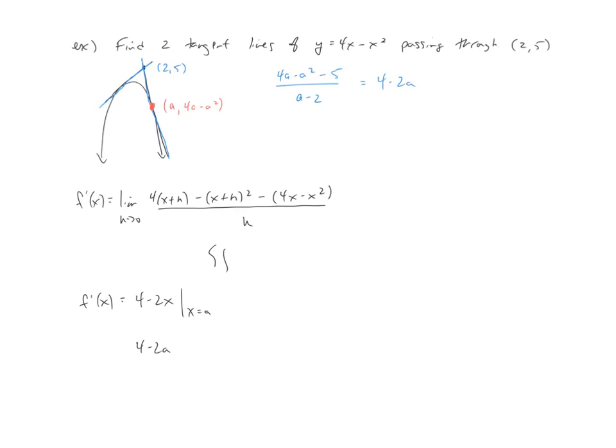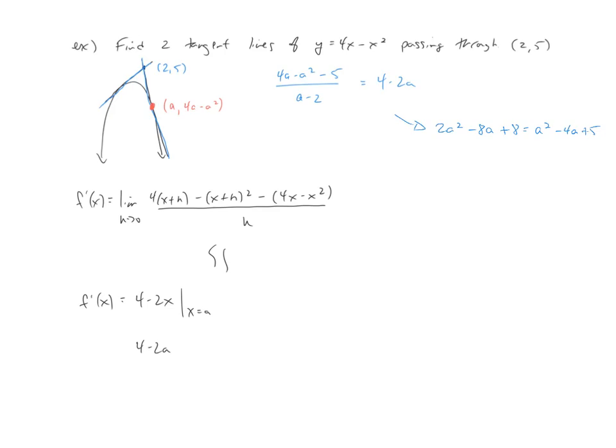So now it's just a little bit of algebra. And I'm going to move through the algebraic steps a little fast here because I think most people can feel pretty comfortable with that. When you cross multiply and multiply everything out, you'll end up with 2a squared minus 8a plus 8 equals a squared minus 4a plus 5.